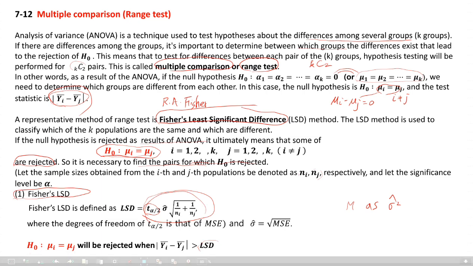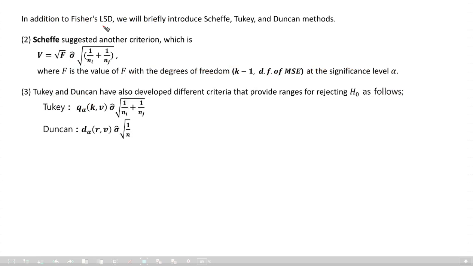In addition to Fisher's LSD, we will briefly introduce the Scheffe, Tukey, and Duncan methods. The Scheffe method suggests another criterion instead of LSD, which is the square root of K minus 1 times F, times sigma hat, and the square root of this value, where F is the value of F with degrees of freedom K minus 1, the number of groups minus 1, and the degrees of freedom of MSE, at the significance level alpha.